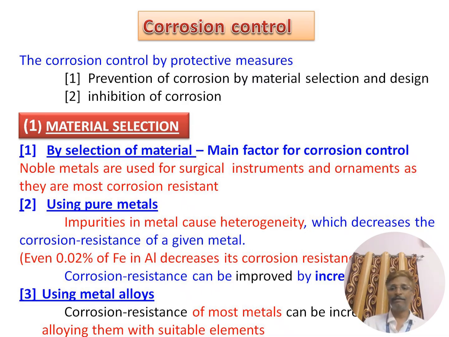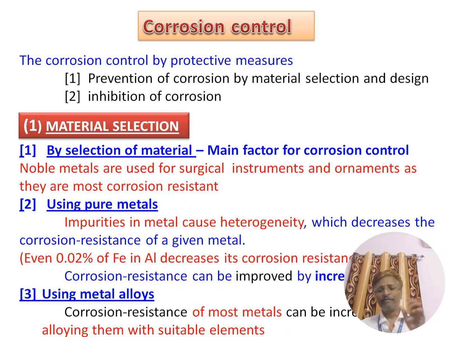Mostly you can see stainless steel or some specific surgical material. It should be noble metals. For complicated, sensitive kinds of equipment, the best way of choosing the metal is a noble metal.